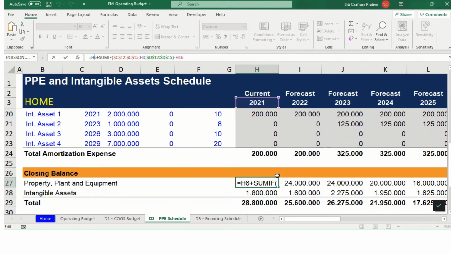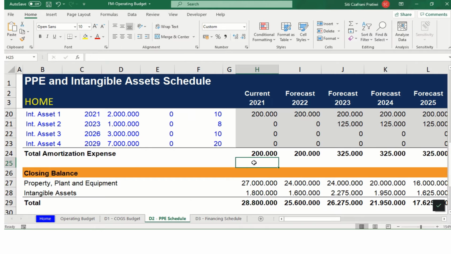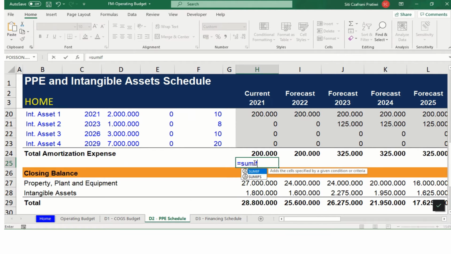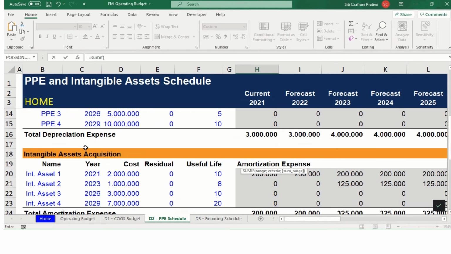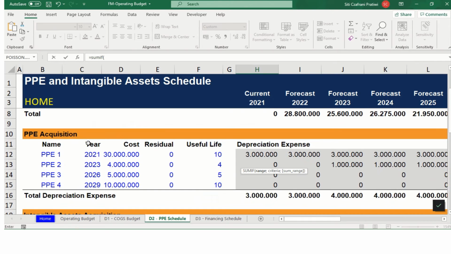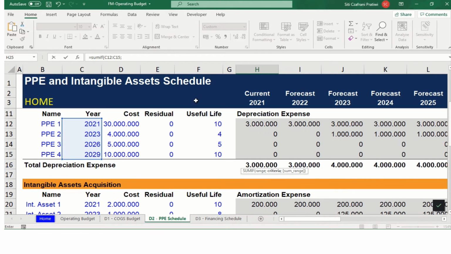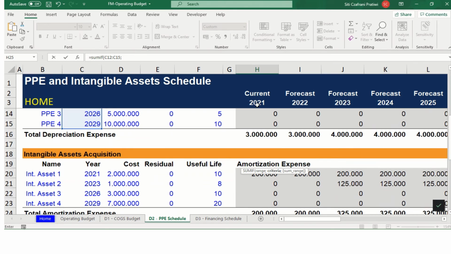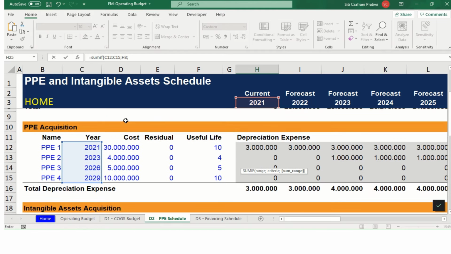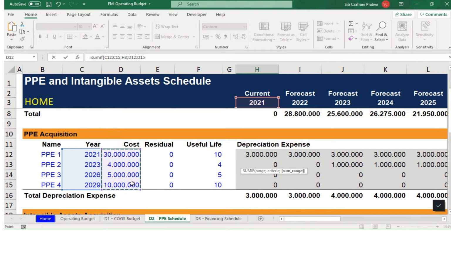And if you use SUMIF, the argument for SUMIF is the range. The range in here is the year here, and the criteria is the current year or the forecasted year, and the sum range is the cost here.